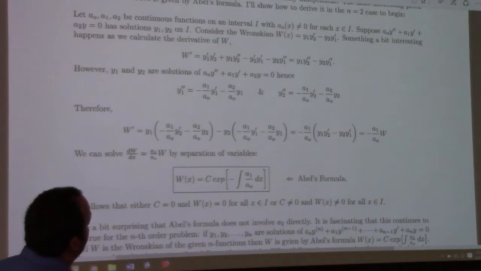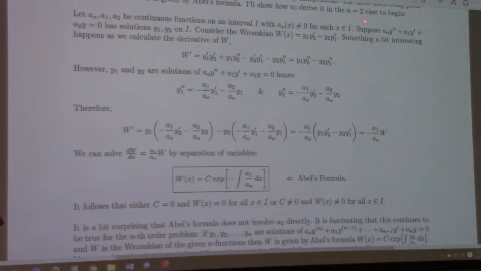So suppose you've got continuous functions, and you've got solutions. What does it mean for y1 and y2 to be solutions to the differential equation?